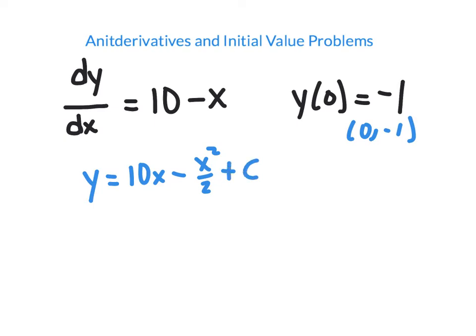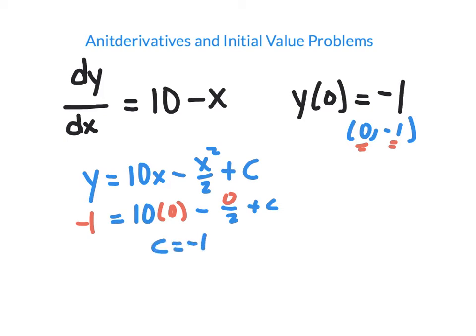Right now we don't know what c is, but we do know values for x and y on this curve. So we simply do substitution to solve for c. Negative 1 equals 10 times 0 minus 0 squared over 2 plus c. And you do a little math there with 0 and you find out c equals negative 1.